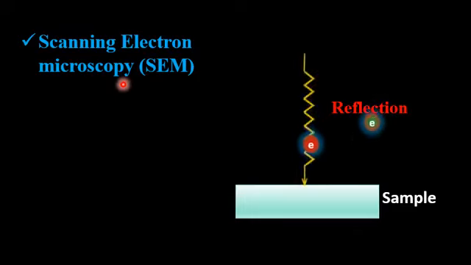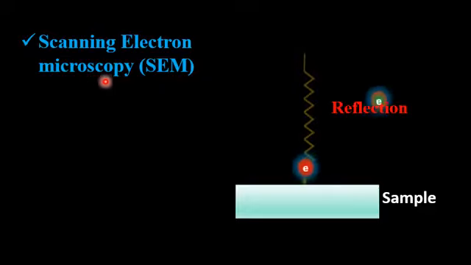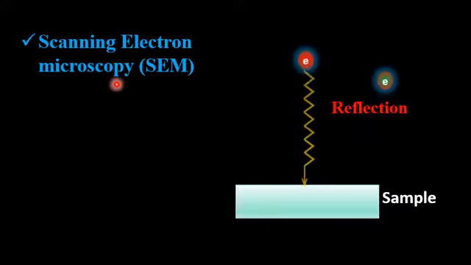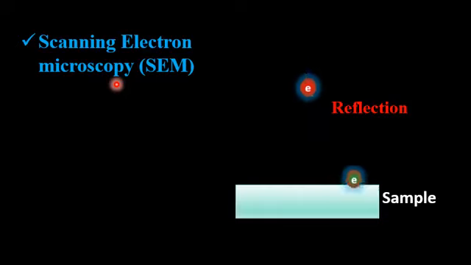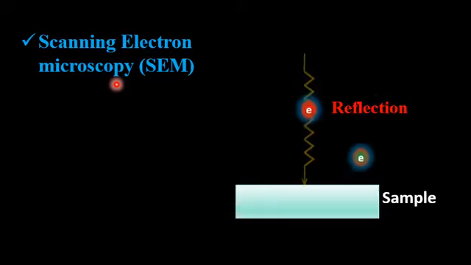So one of the most important techniques, a core of material science, is scanning electron microscopy, which gives you information about the surface of the material, about the topography of the material, and even about the composition of the material if the system is connected with XRF.